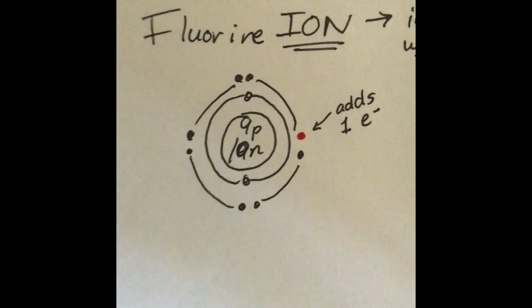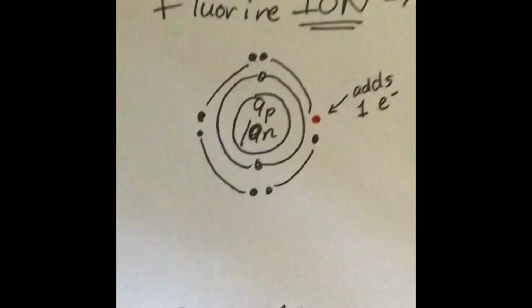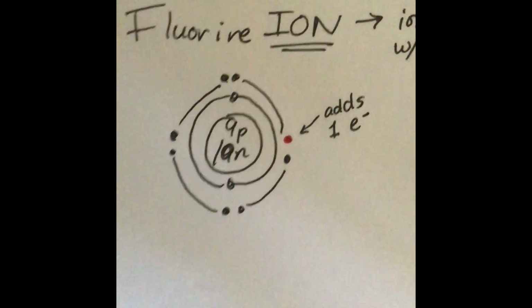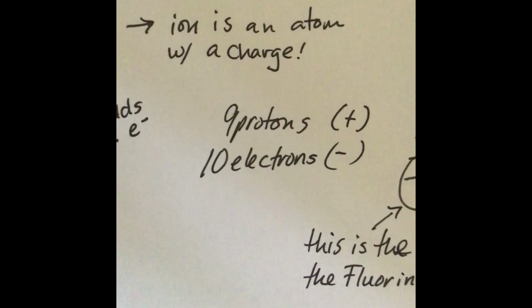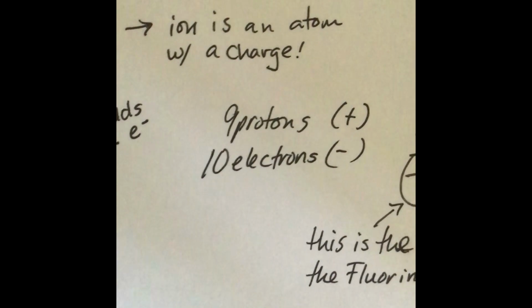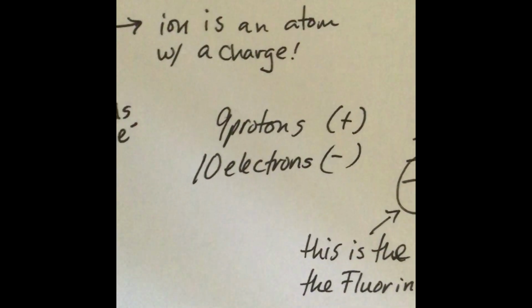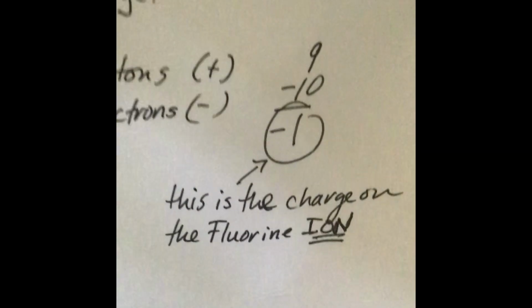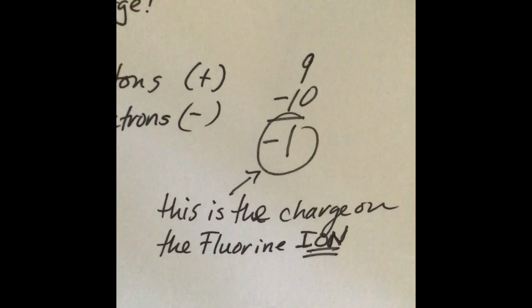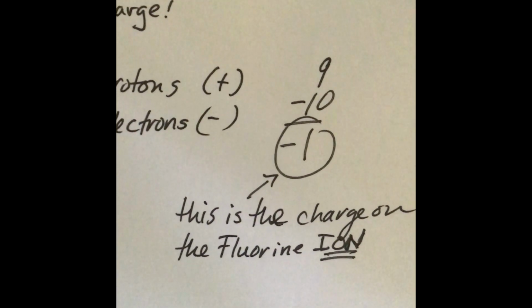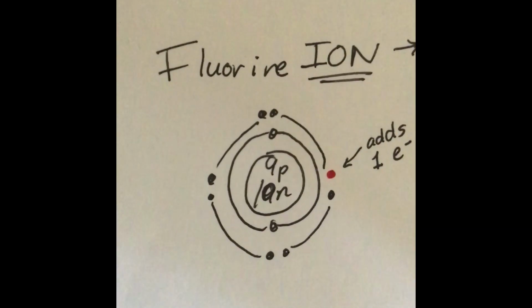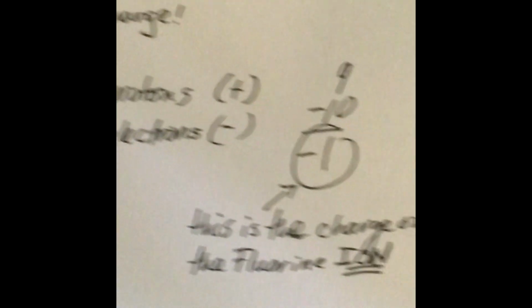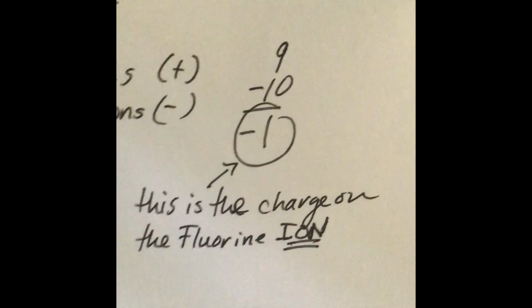That's the one we added. When we add that one electron, now we have 9 protons and 10 electrons. Protons are positive, electrons are negative. So 9 minus 10 equals -1. So when fluorine picks up an electron, it forms a -1 ion.